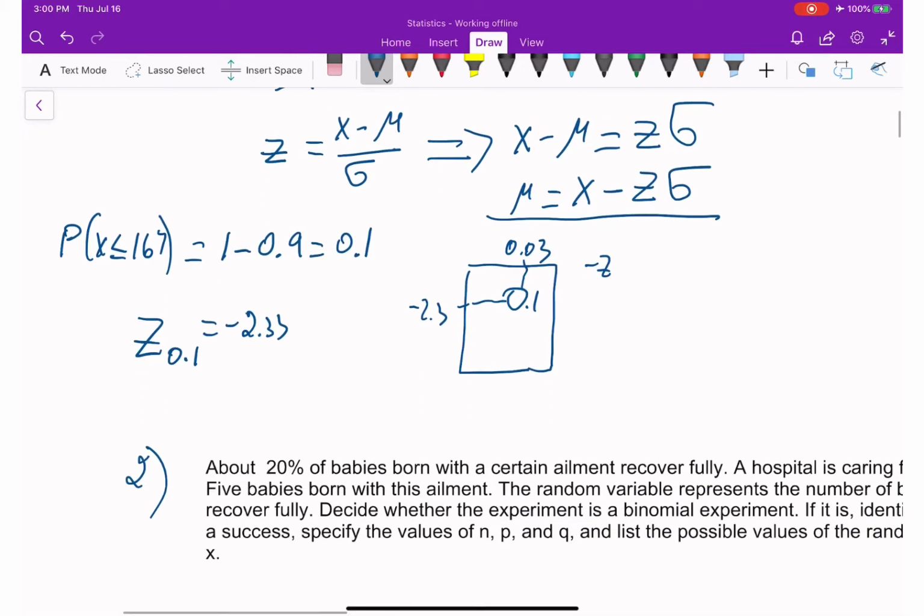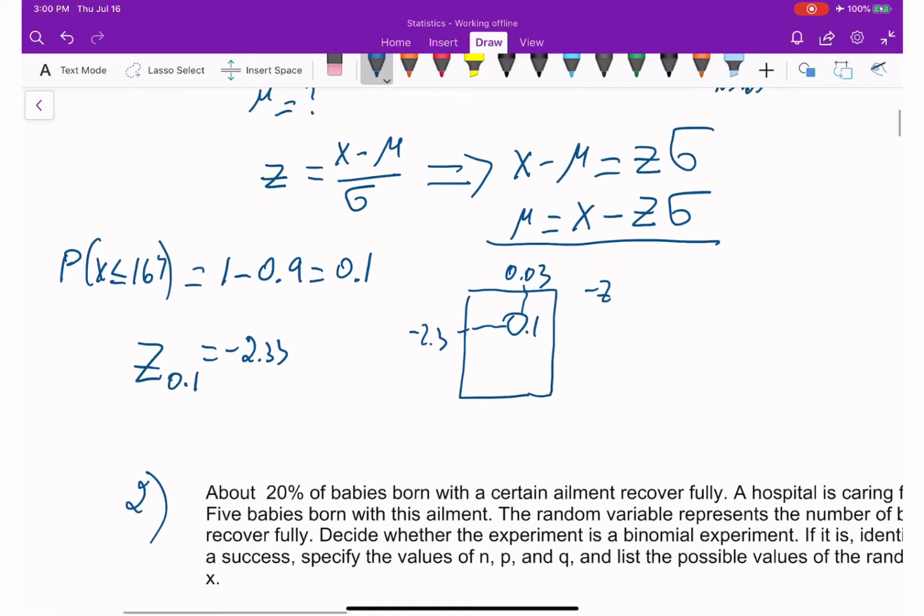Once we have the z-score, we can find mu. Mu is equal to x minus z-score times sigma.